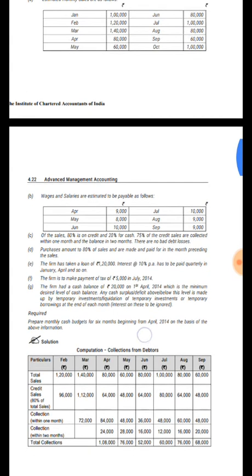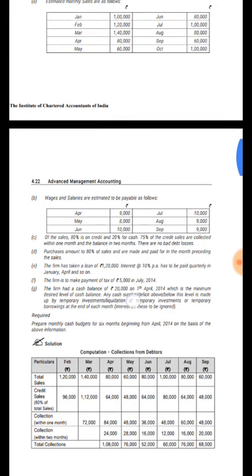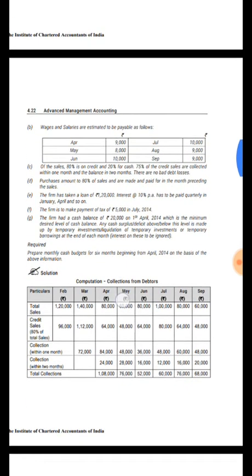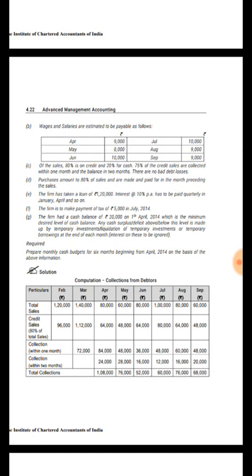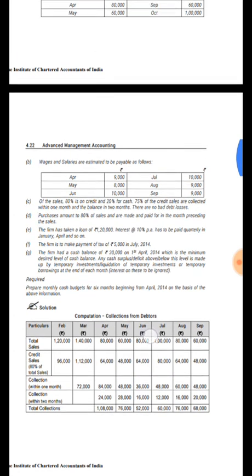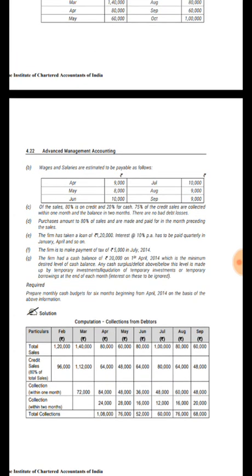Okay, so we have to make the cash budget. Very simple question. What we have to do? First thing we can do is find out the realization from the debtors. Because credit sale is collected 75% in the next month, then 25% the month after.